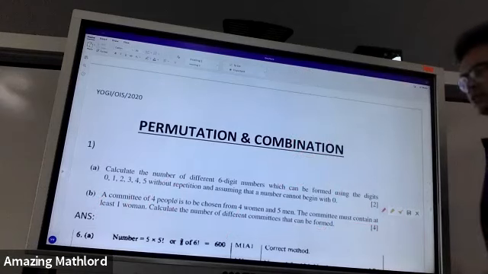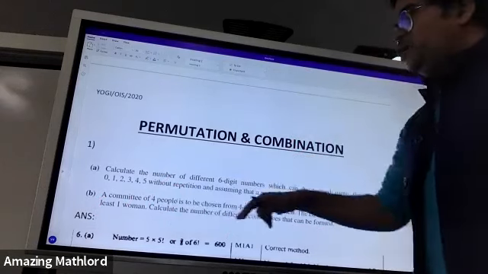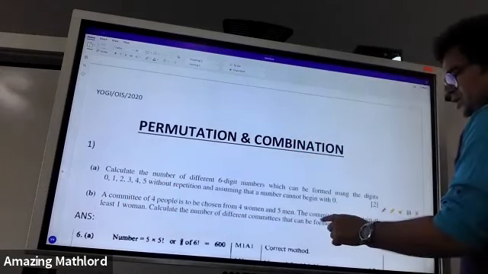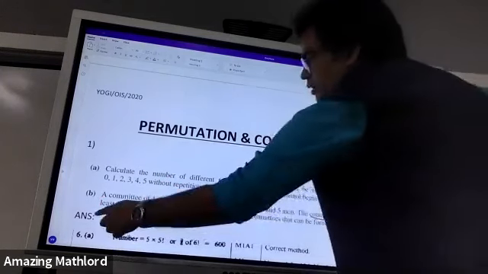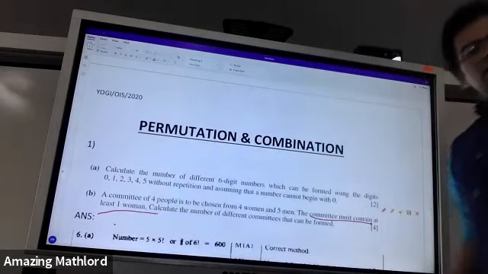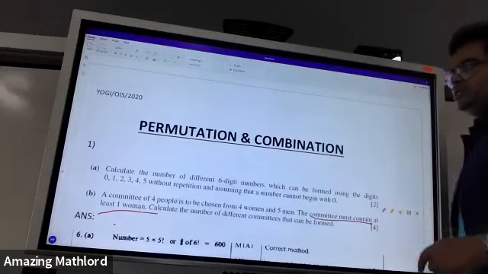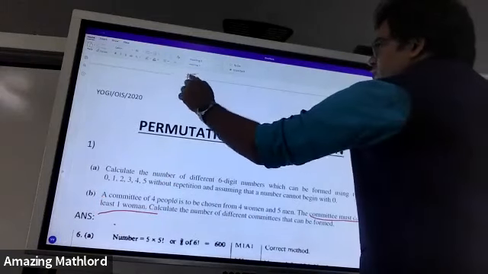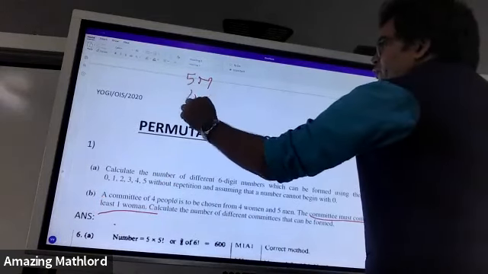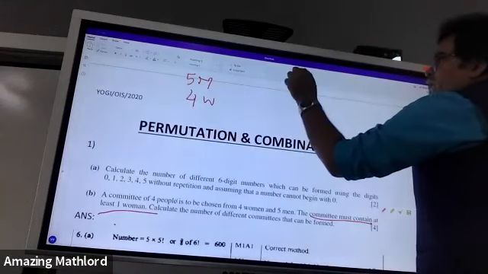Now let's take the example that I want to have at least one woman in the team or committee. So from 5 men and 4 women, at least one woman.